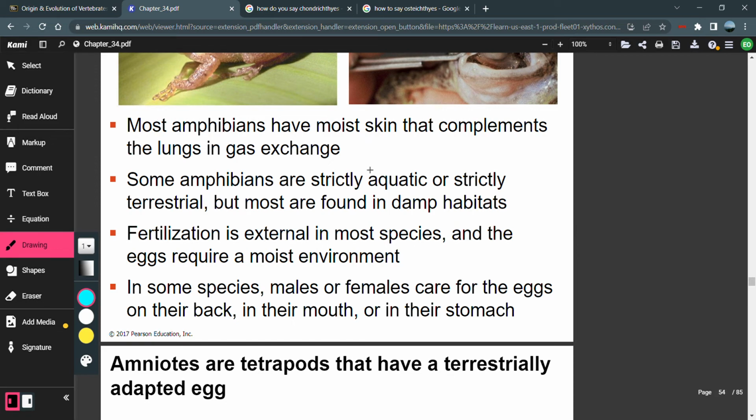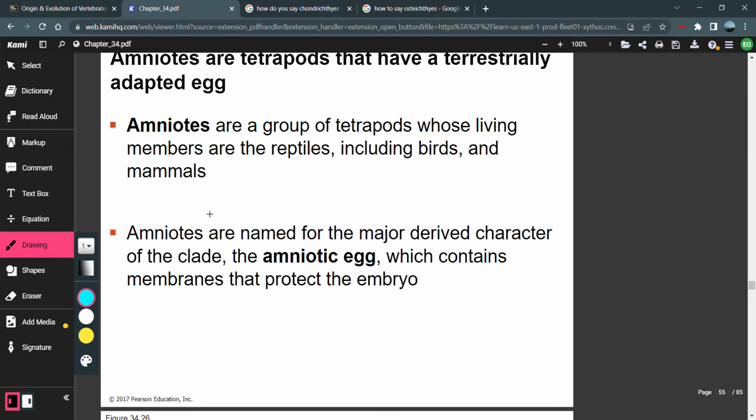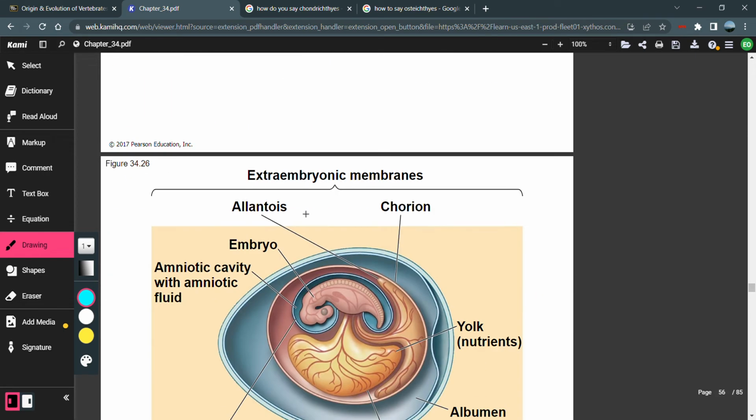They are strictly aquatic or strictly terrestrial, and we just went over that. So amniotes are a group of tetrapods whose living members are reptiles, including birds, and mammals. Amniotes are named after their major derived character of laying the amniotic egg, which contains membranes that protect the embryo.